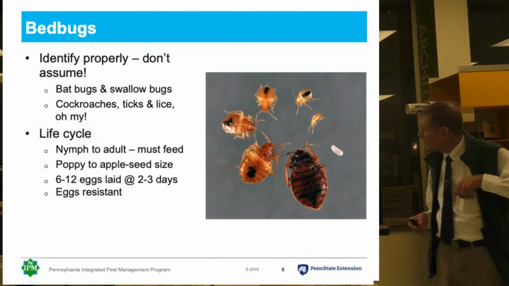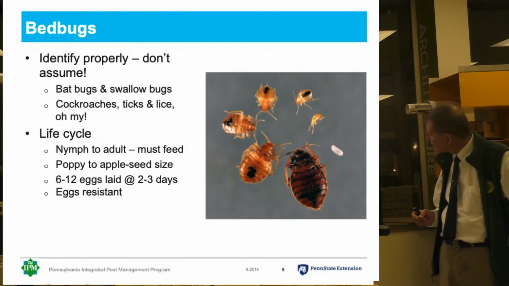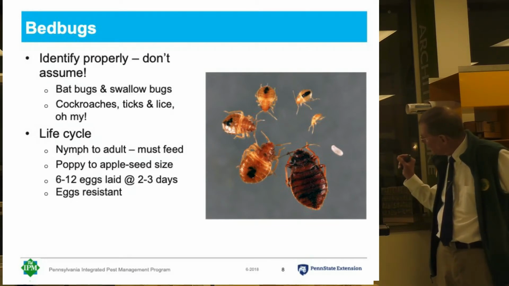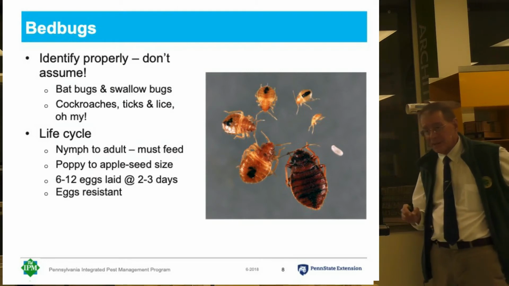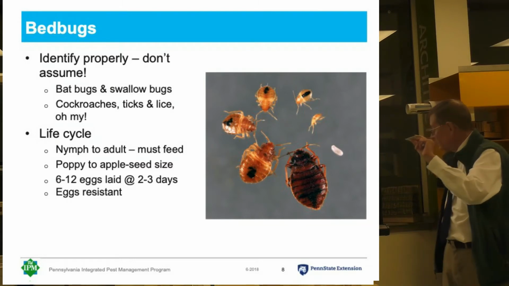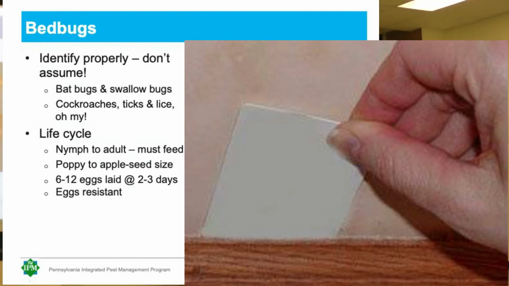And as you'll see in a later photo, they're about the size of the thread on the mattress cover. She likes to lay them in cracks and crevices that are 1/16 of an inch thick. That's the width of a credit card. So any place that I can slide a credit card is a place that a bedbug or a bedbug egg might be hiding.